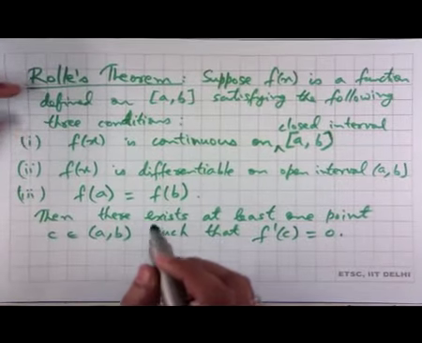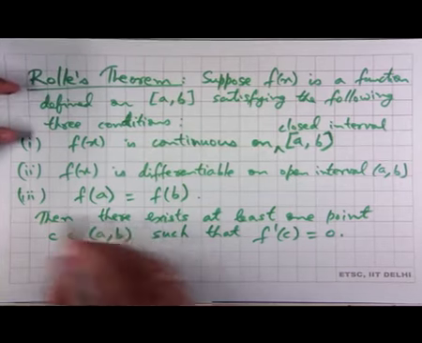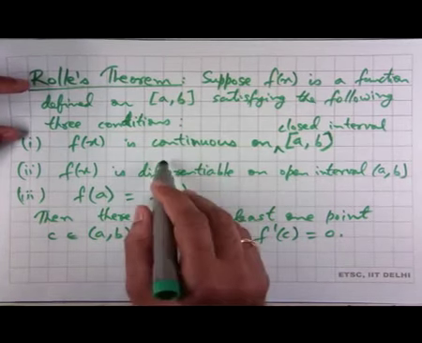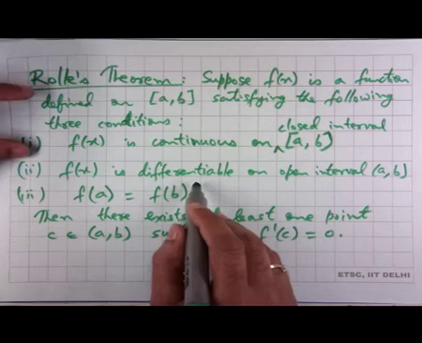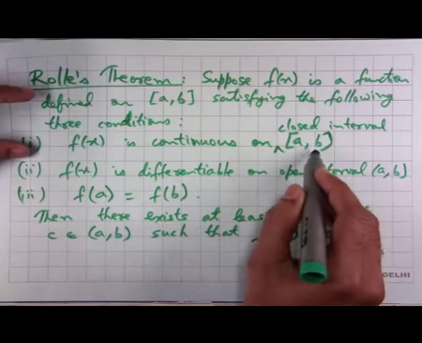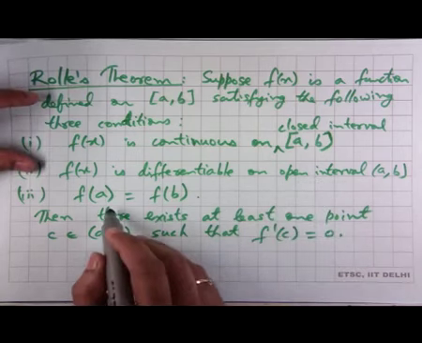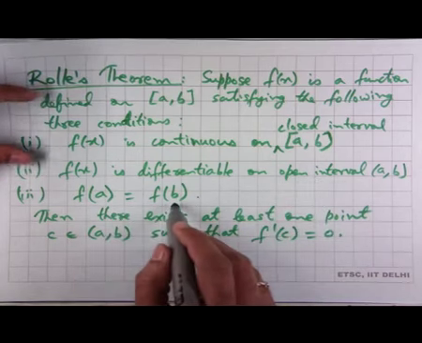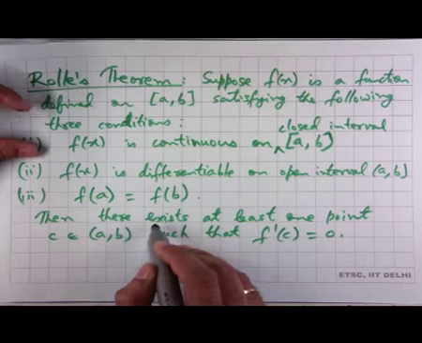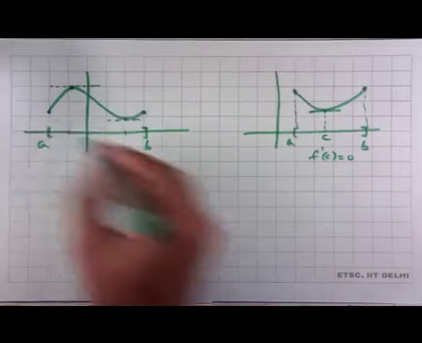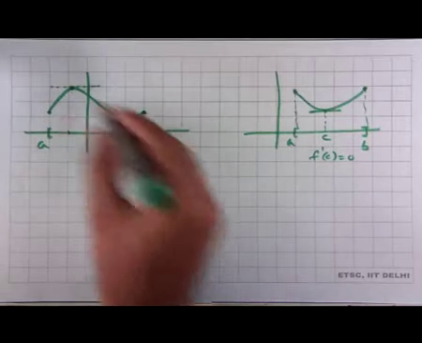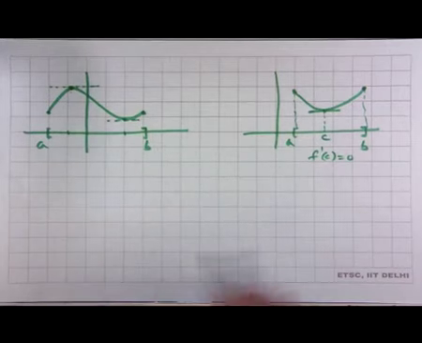So, what this theorem says is that no matter what the function is, if it satisfies these three conditions, that it must be continuous in the closed interval a b, differentiable on the open interval, and f of a is equal to f of b, then we must have that at some point in between a b the derivative must be 0.